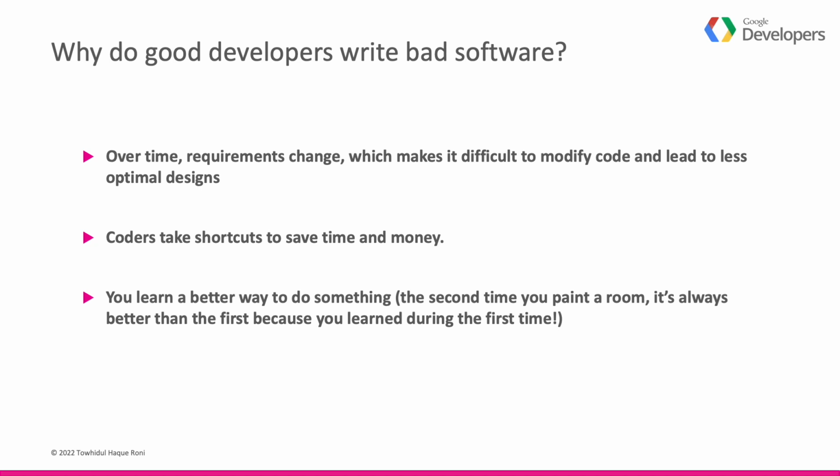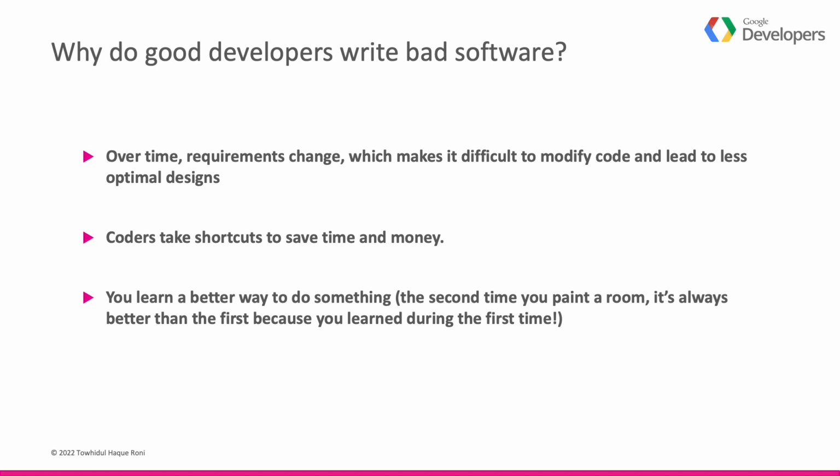Similarly, developers may realize that there are more efficient or elegant approaches to solve problems after they have already written the initial version of the software. This continuous learning process contributes to the evolution of coding practices and can result in earlier code being perceived as less optimal in hindsight.